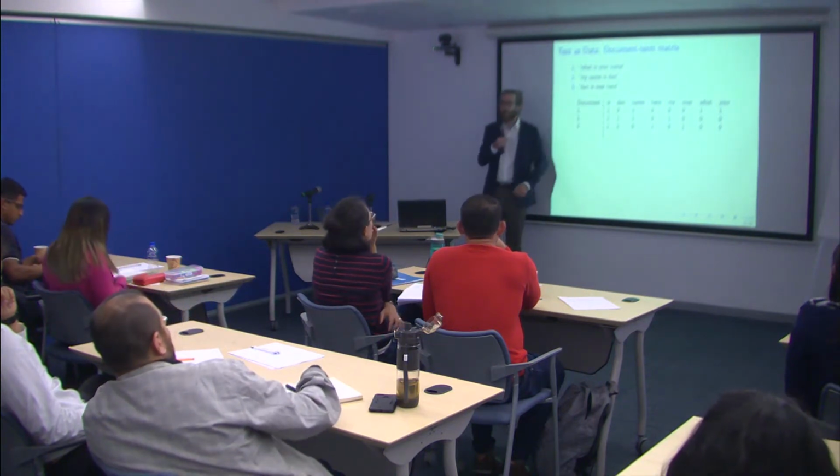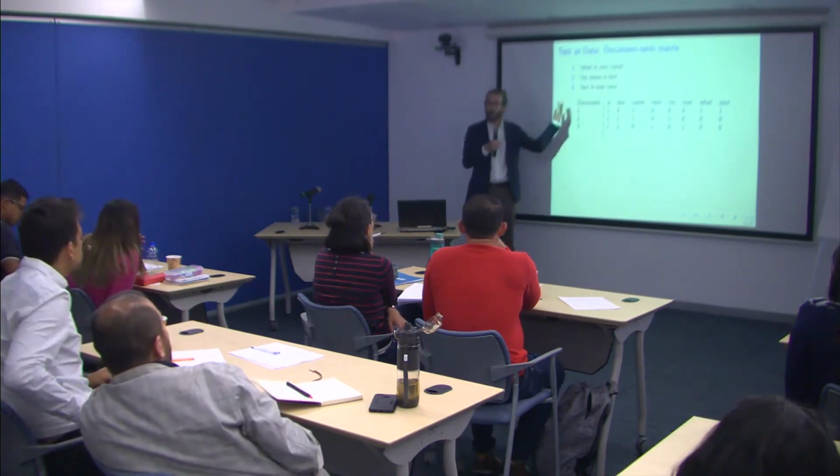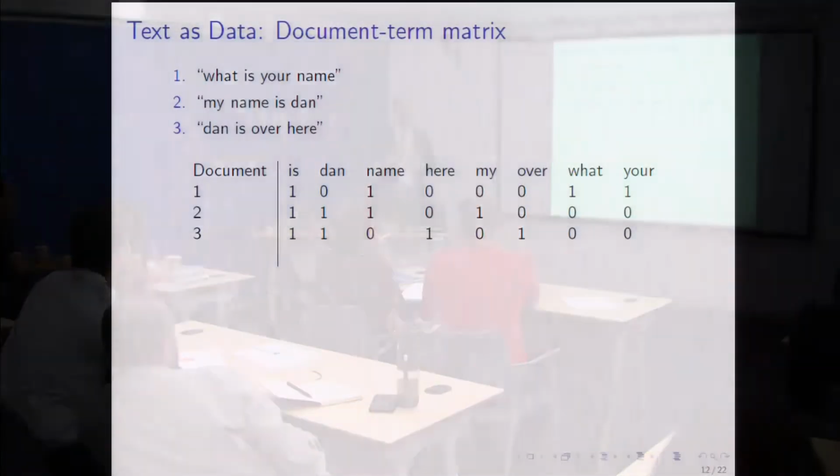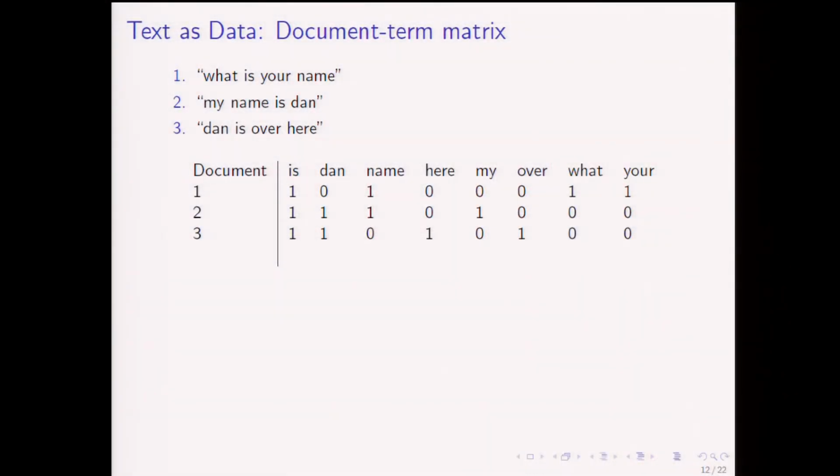You can do the same thing with text. Instead of every column being a bill, and if you voted yes or no, every column is a word. So people have used legislators' speeches and scaled them. They take the patterns of words that are used to place every legislator on a left to right dimension. Or maybe you combine every speech from one party. Say in Germany, there's lots of different parties.